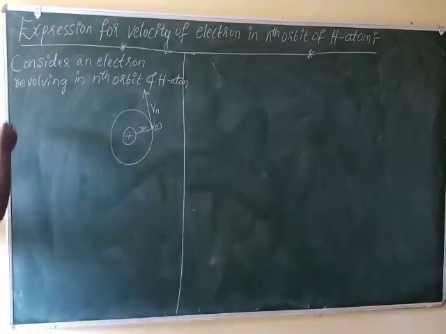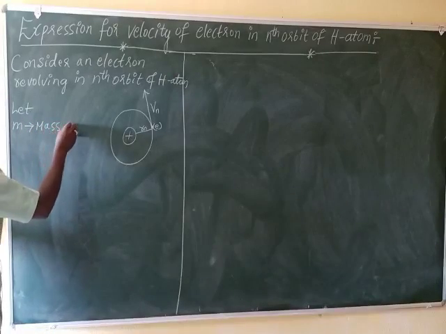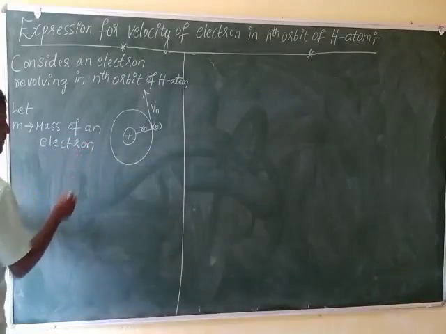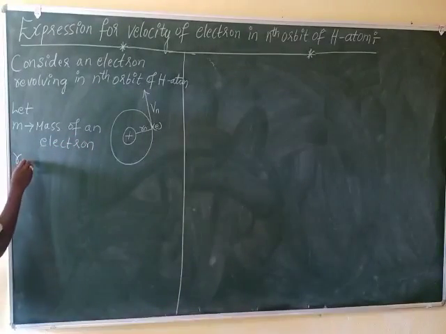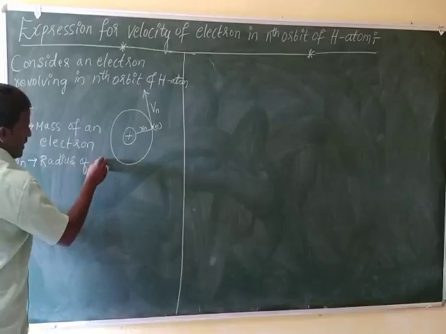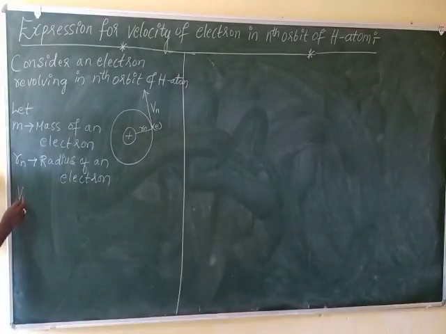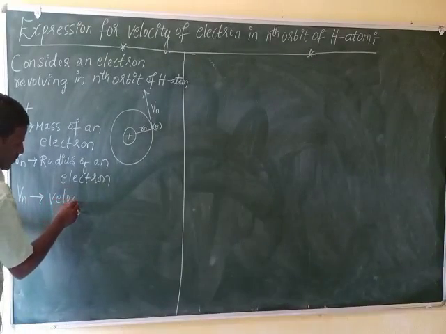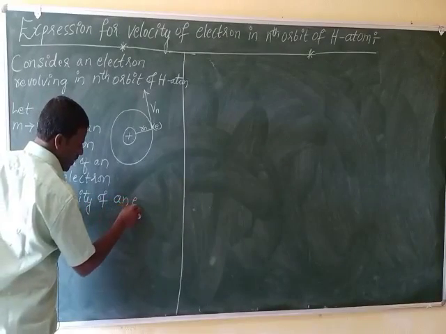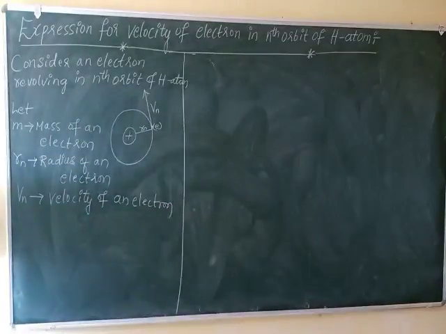Here m is the mass of an electron, Rn is the radius of the orbit, and Vn is the velocity of an electron.